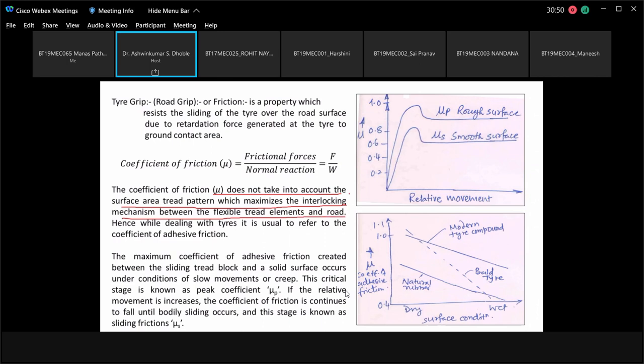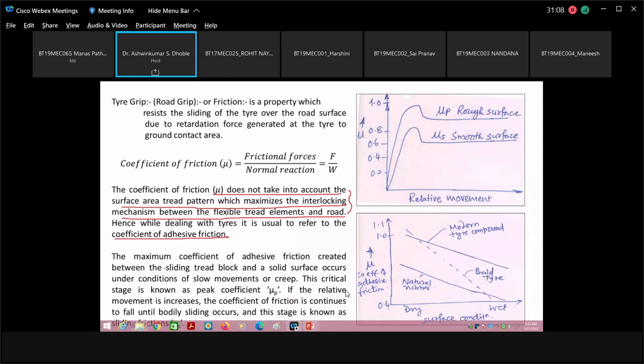That means the coefficient of friction doesn't say anything about the surfaces in contact. Hence, while dealing with tires, it is usual to refer to the coefficient of adhesive friction.